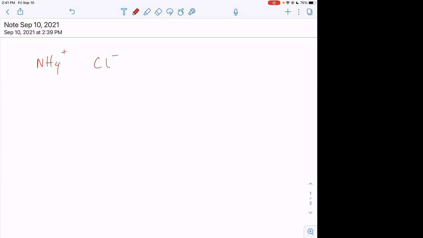I swear I heard somebody say you would need 4. Right, okay. So when these come together, it's just going to be NH4Cl. Why? Right, I just write a plus and a minus usually if it's 1, but you could write the 1 in if that really helps you or you need it.